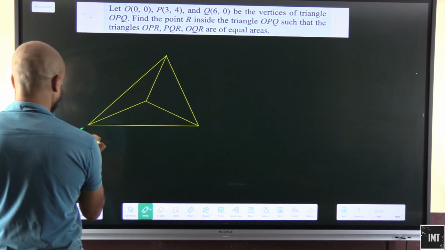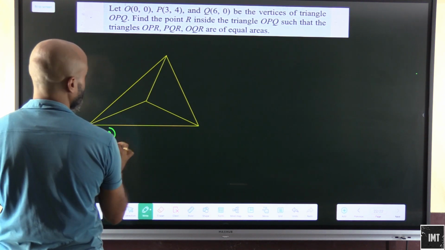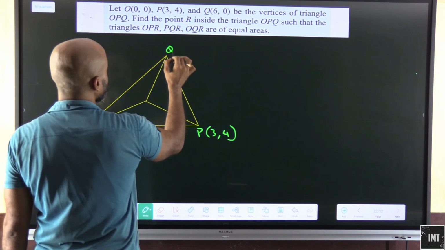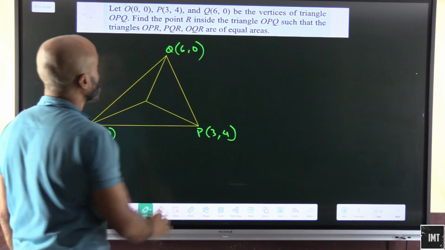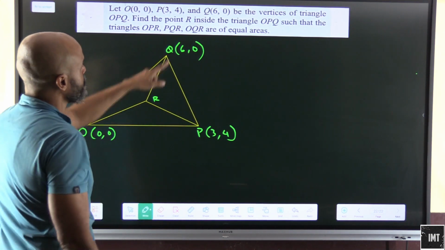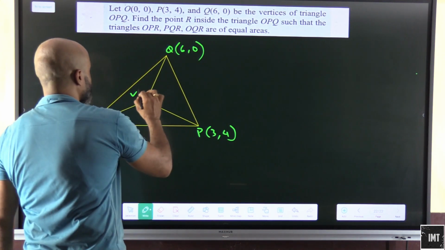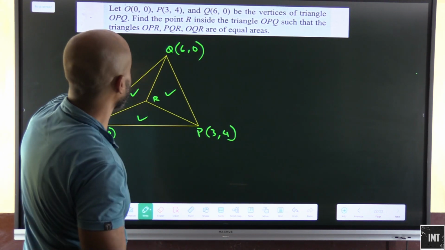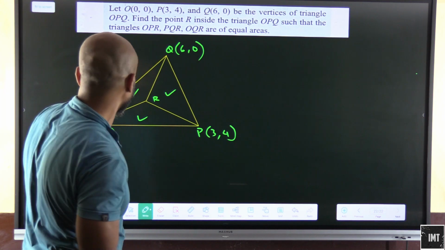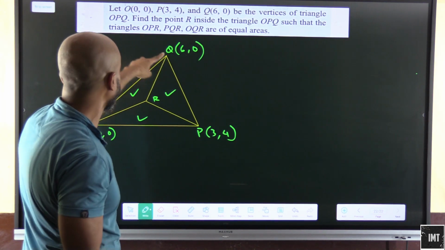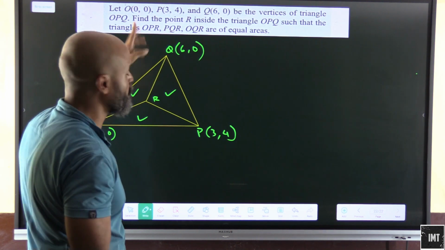Let's take this as O, which is 0 0, then we have P, that is 3 4, and Q, that is 6 and 0, the vertices of triangle OPQ. There is a point inside this such that the triangles OPR, PQR and OQR are of equal areas.